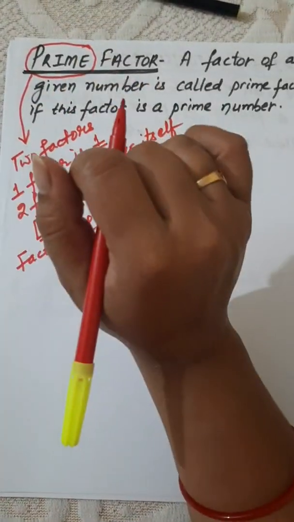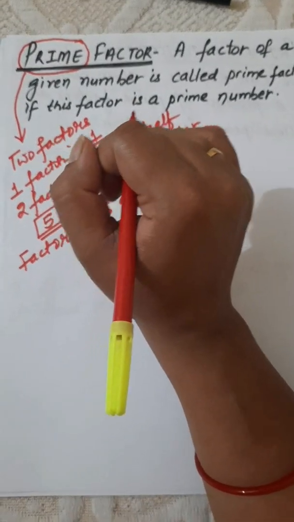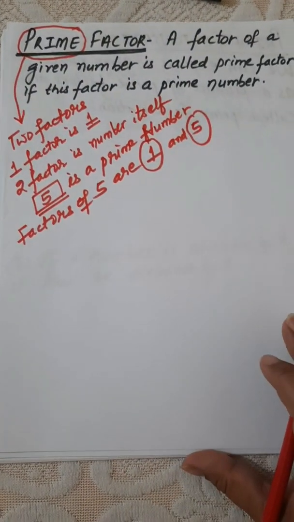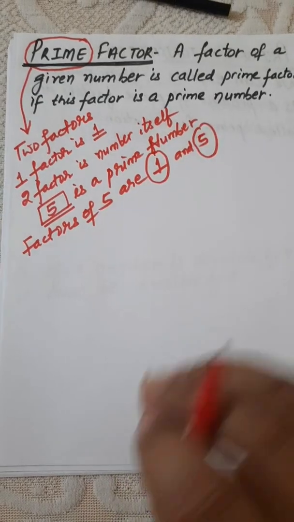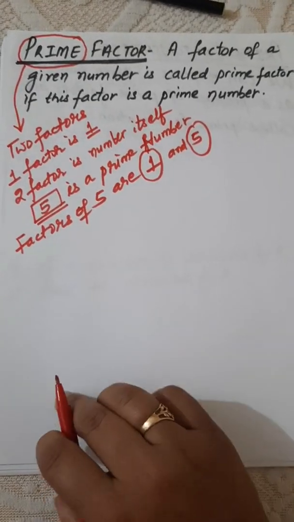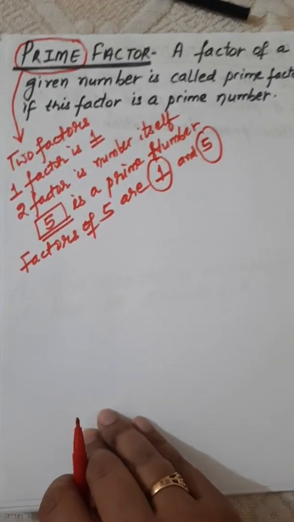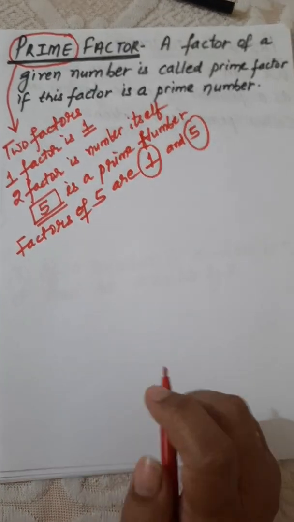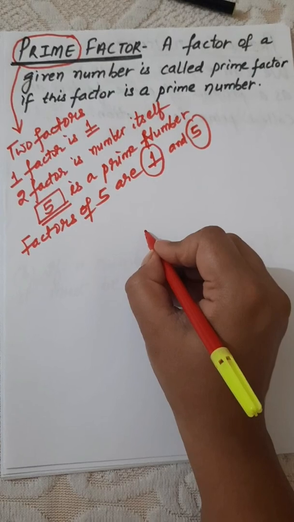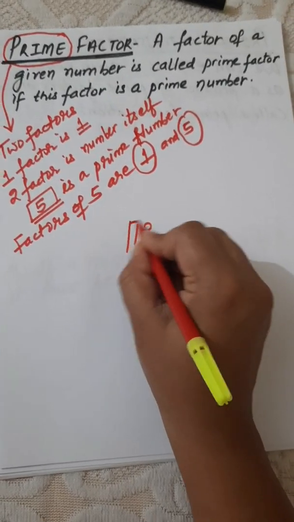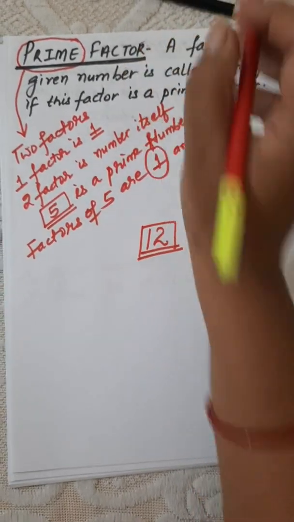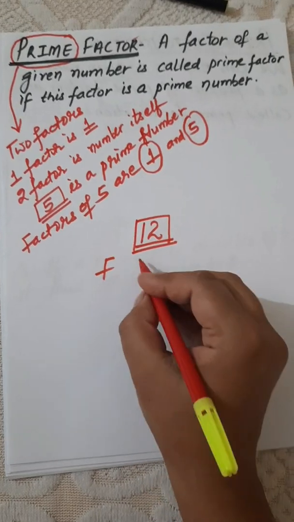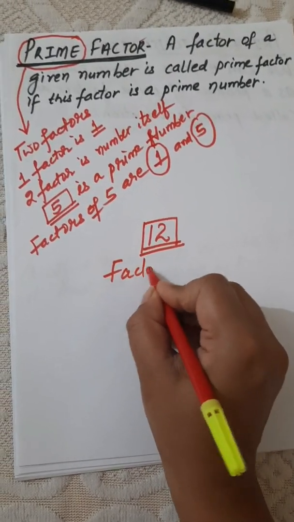Now we have factor. We know that factors are the exact divisors of any number. So we have prime factors. What do we mean by prime factors? A factor of a given number is called a prime factor if that factor is a prime number. Suppose I have a number 12. Here factor is written, it means I have to find the factors of 12.